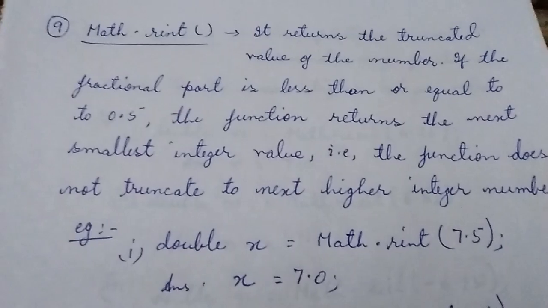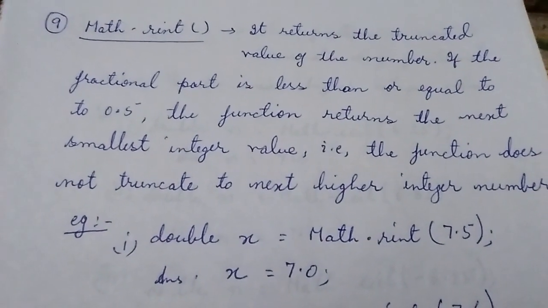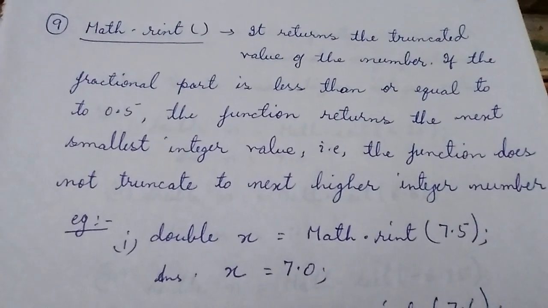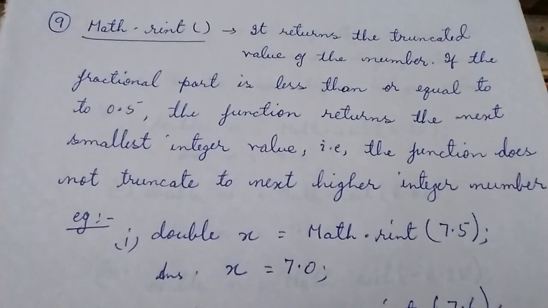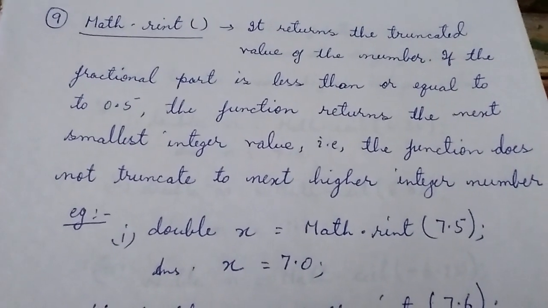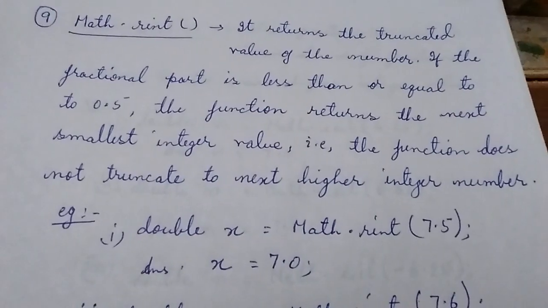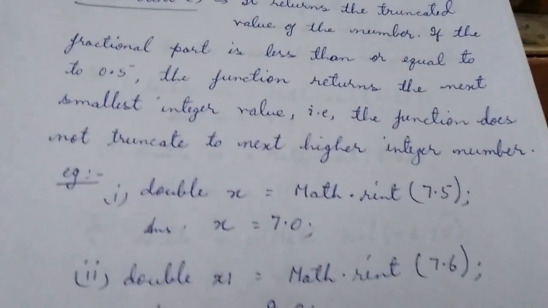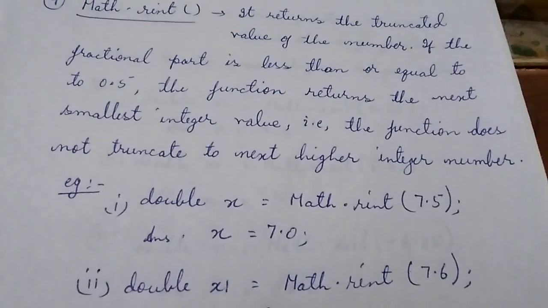The next very important truncating function is Math.rint. It returns the truncated value of the number if the fractional part is less than or equal to 0.5. The function returns the next smallest integer value. That is, the function does not go to the next higher integer value.